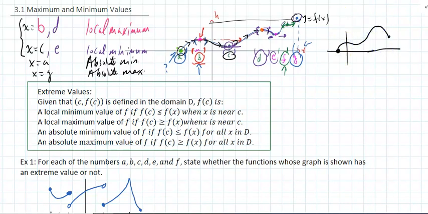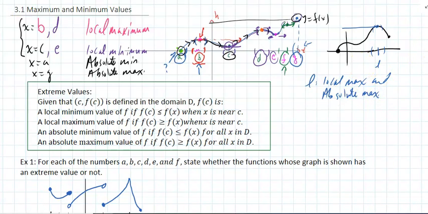If I look at this point, call this L. L is a local maximum because around that interval, that is a maximum, and it is the highest y value among any other y value. It's also an absolute maximum. So absolute is simply among all the maximums, what is the highest you could ever have.